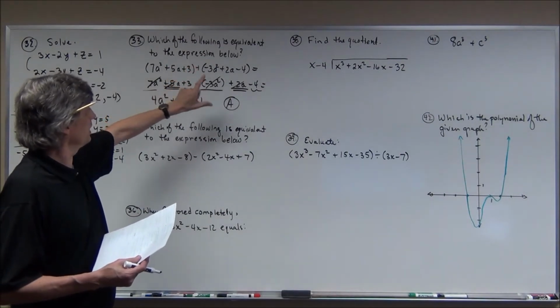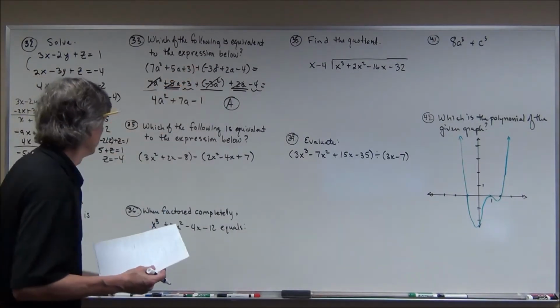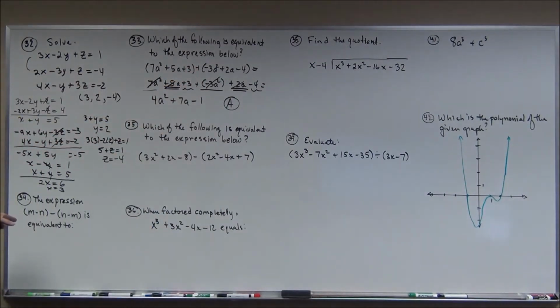And if you think you need to be careful for addition, you need to be careful for subtraction, because that subtraction means you're subtracting all of this. Now I talked about this on a problem where we were solving a system of equations by substitution. I'm going to drop the first set of parentheses. M minus n, the expression quantity m minus n minus quantity n minus m is equivalent to, I'm dropping the first set of parentheses, but this is like a negative 1 that I'm going to multiply through by.